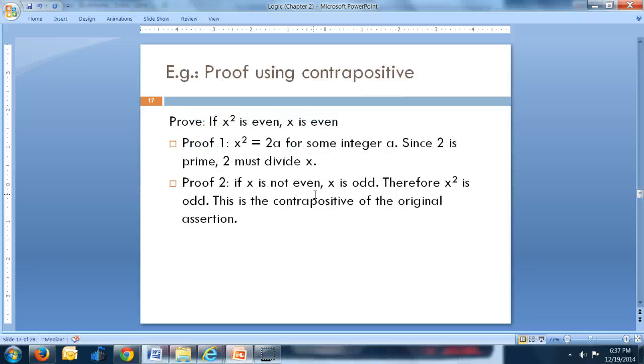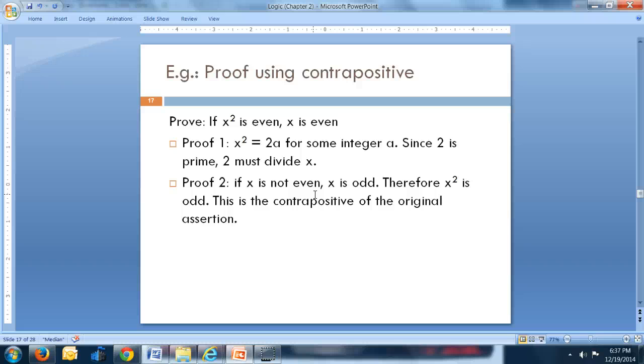Now, another thing we included is that we can prove this one using the contrapositive, where we say if x squared is even, then x is even. All right. Now the proof for this one: let's assume that x squared equals 2a because it is even.